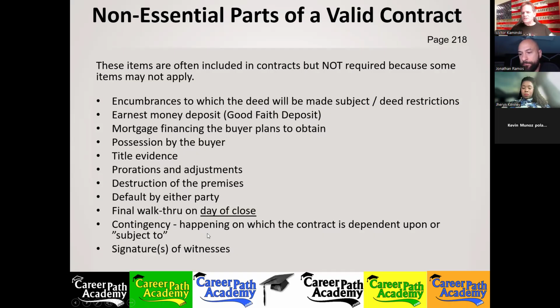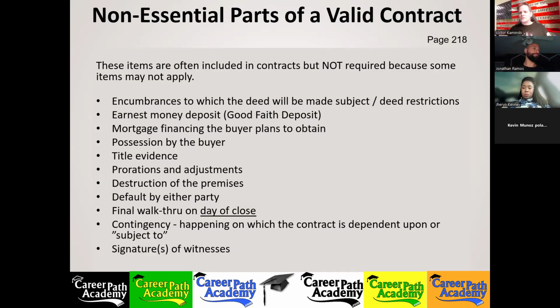Contingencies. Well, contingencies are happenings in which a contract would be made dependent upon or subject to. We have mortgage contingency clauses, inspection contingency clauses. You could also add contingencies like: this purchase is contingent upon the sale of my current home because I can't afford making the payment on 2 mortgages at one time.